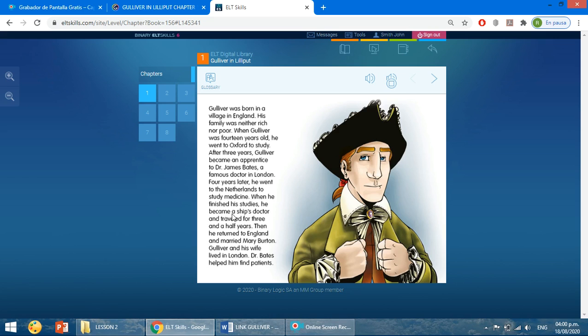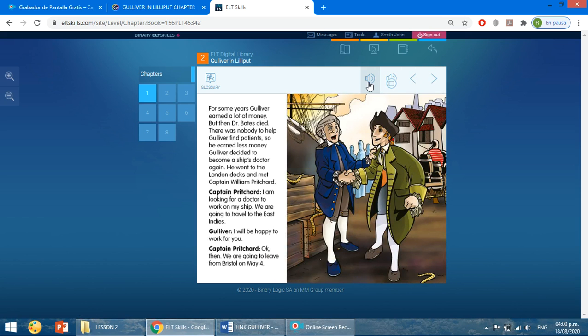After, he became a ship's doctor. Okay. When he was working, he got married with Mary Burton. Okay. And Dr. Bates, this doctor, helped him find patients. Okay. Next page. Pay attention.